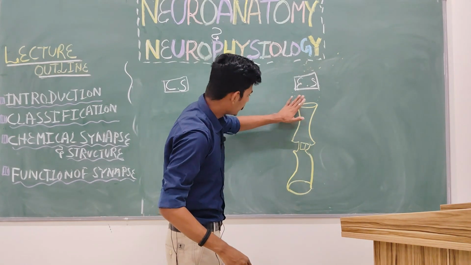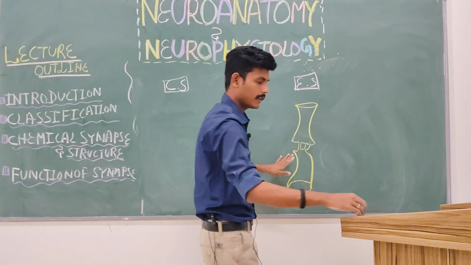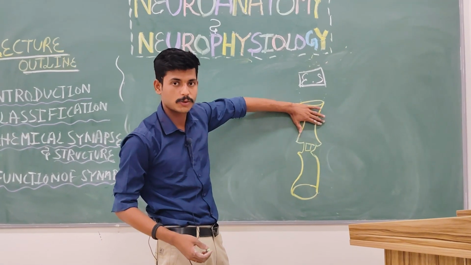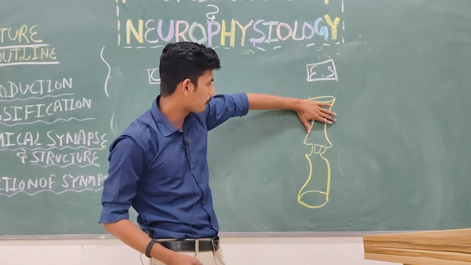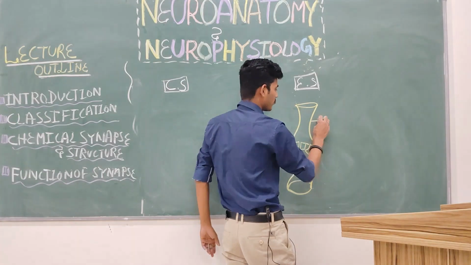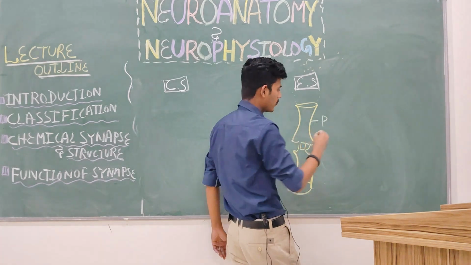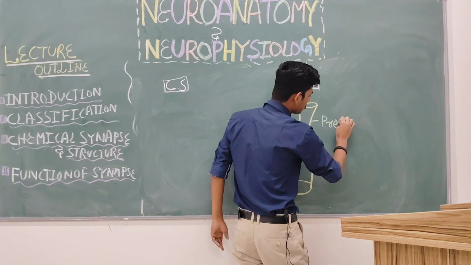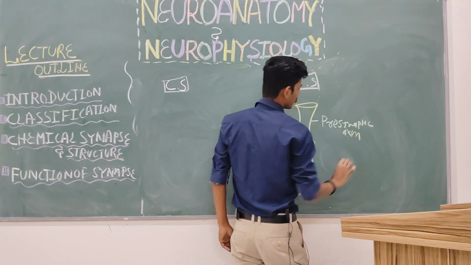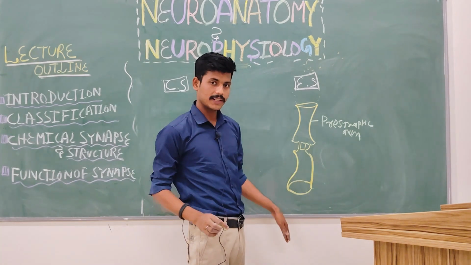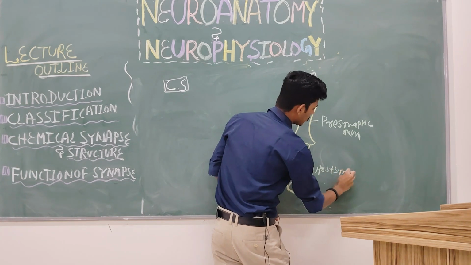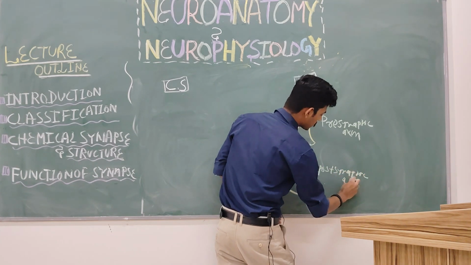See, this is the electrical synapse. This is the first neuron's axon. In the case of the synapse, we refer to this axon as the presynaptic axon. Pre means first. And since the next one comes later, we simply refer to it as the postsynaptic axon.